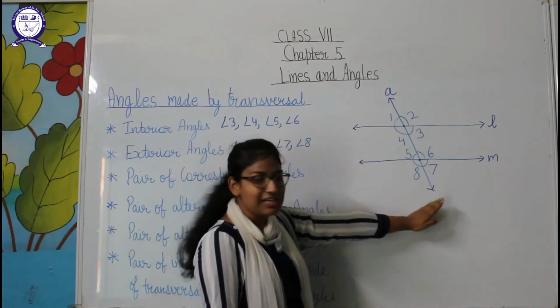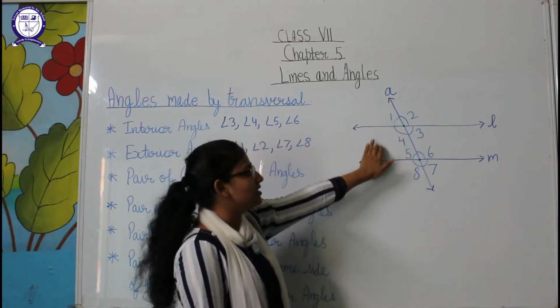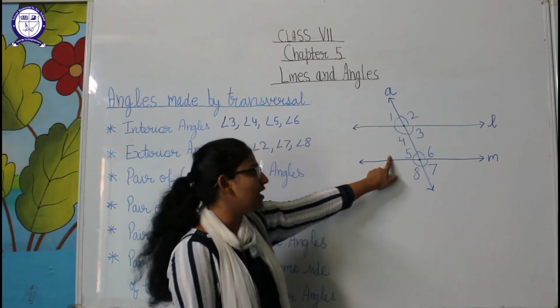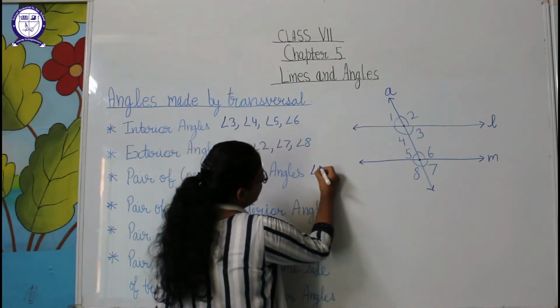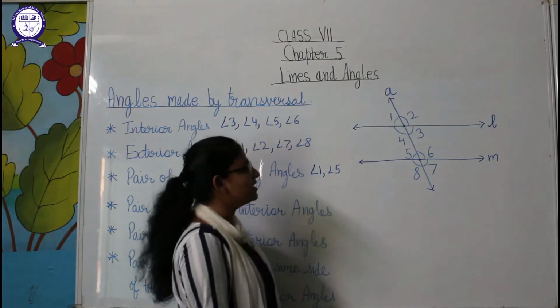This is the transversal A here and they are on the left side of this transversal. It means angle 1 and angle 5 are a pair of corresponding angles. So here we will write angle 1 and angle 5 are a pair of corresponding angles.